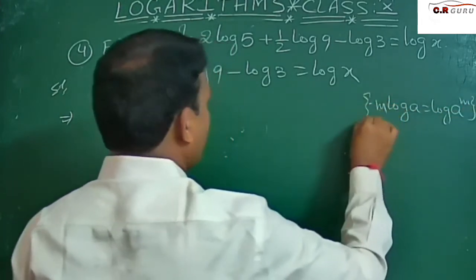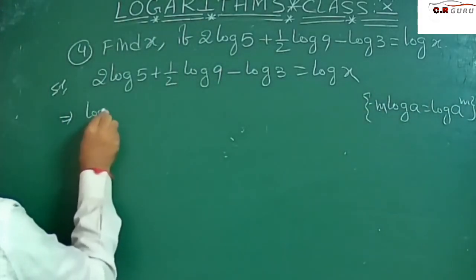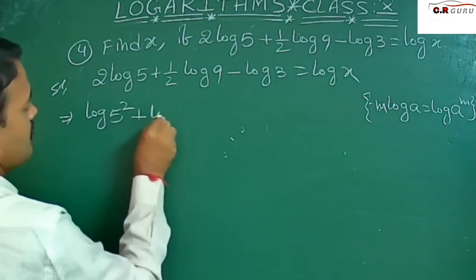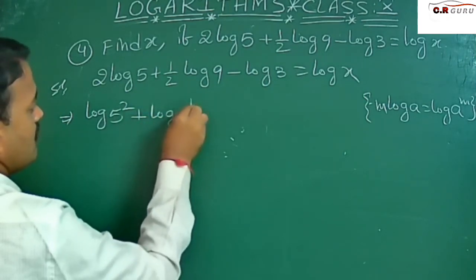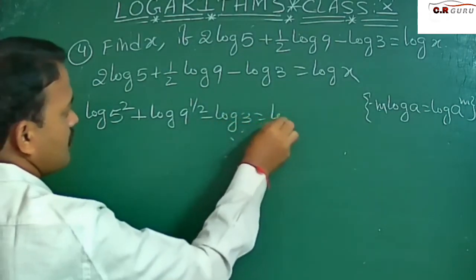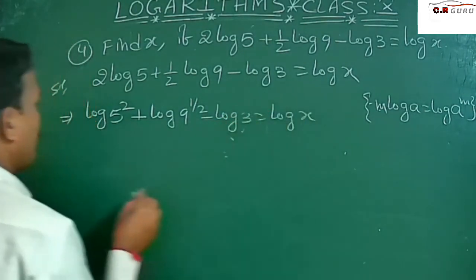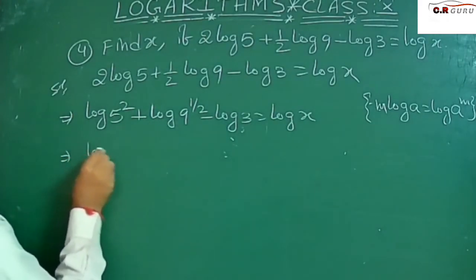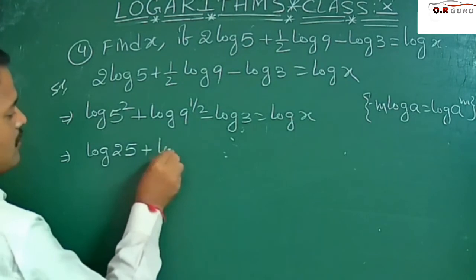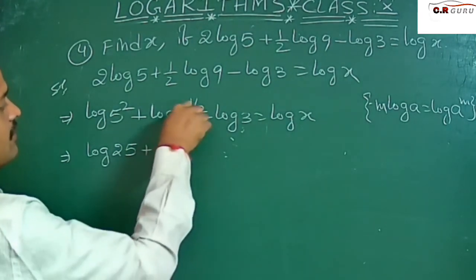You know this formula. So that's why here log of 5 square plus log of 9 to the power of 1 by 2 minus log 3 is equal to log x.